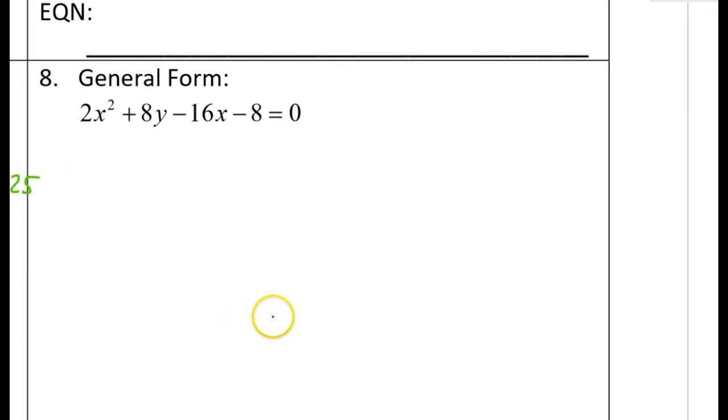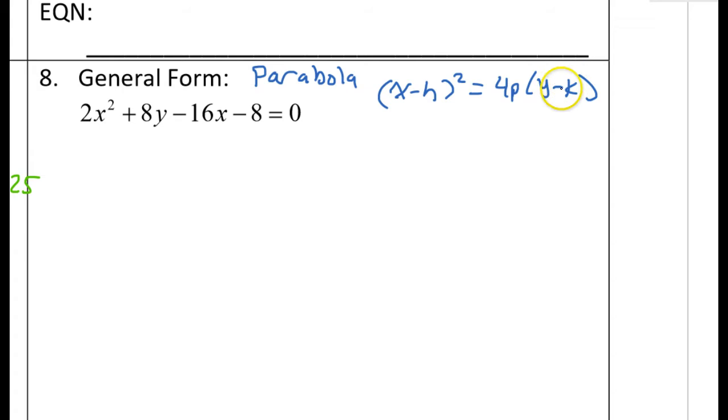Okay, number 8 is going to be very similar. Notice that only one variable is squared, so this is a parabola. So in your mind you should be thinking, oh, this one is going to look more like x minus h squared is equal to 4p times y minus k, not squared.